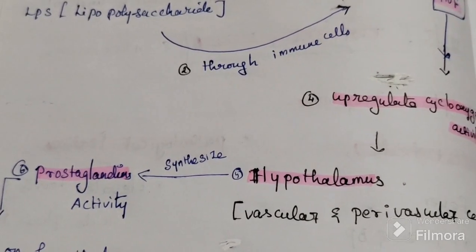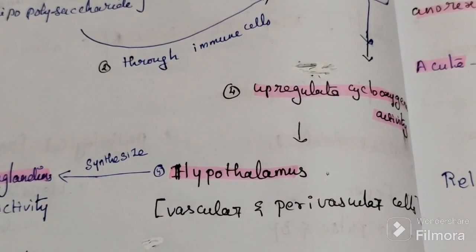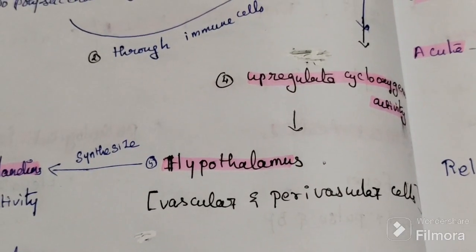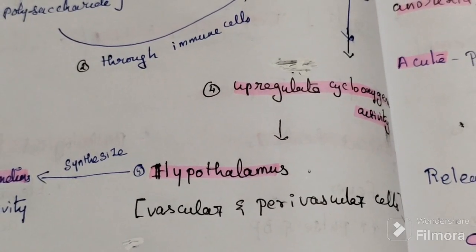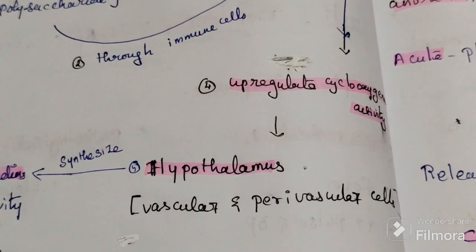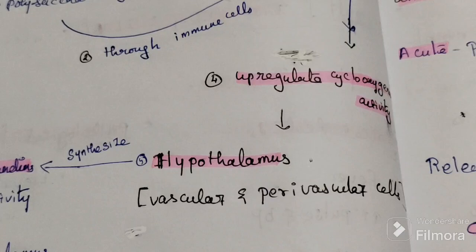Basically the vascular and perivascular cells of the hypothalamus are more sensitive to these pyrogens because of upregulation.